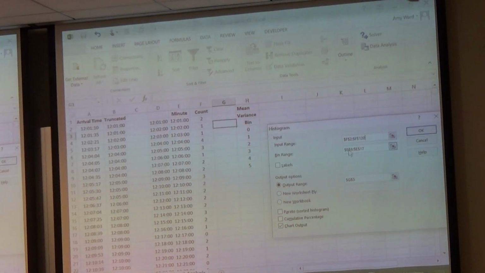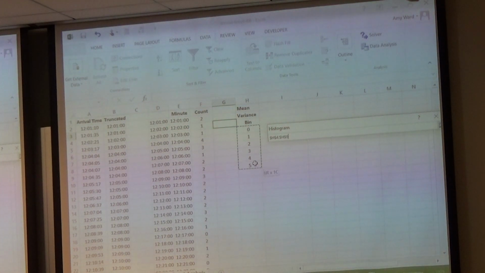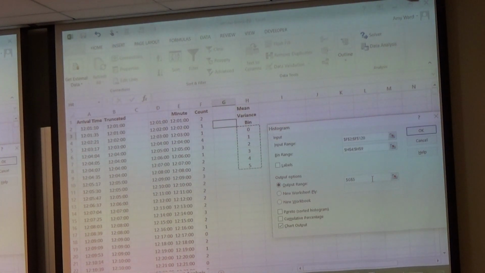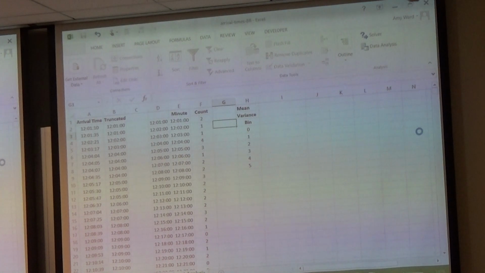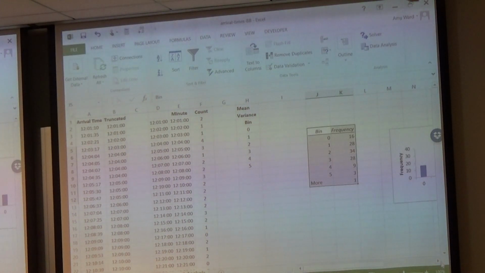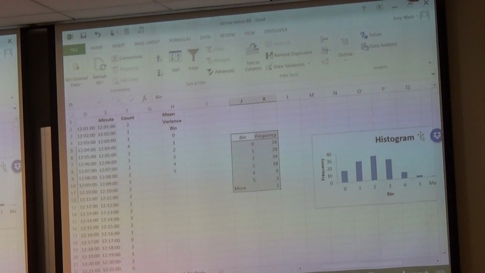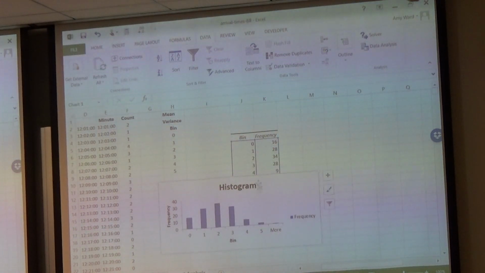My bin range here is column H. My output range, I don't really care, maybe J. And I'll say okay. So you're getting a histogram. It looks something like this. This is a histogram of a Poisson distribution.